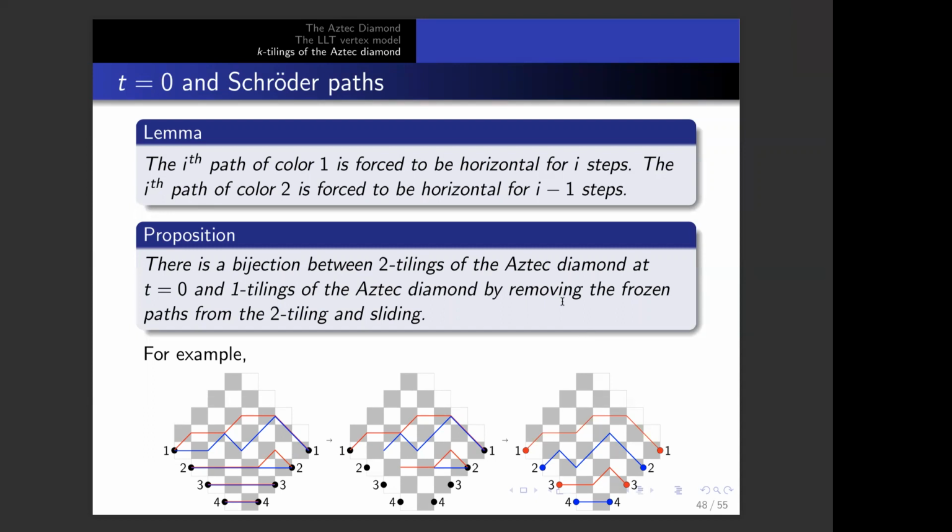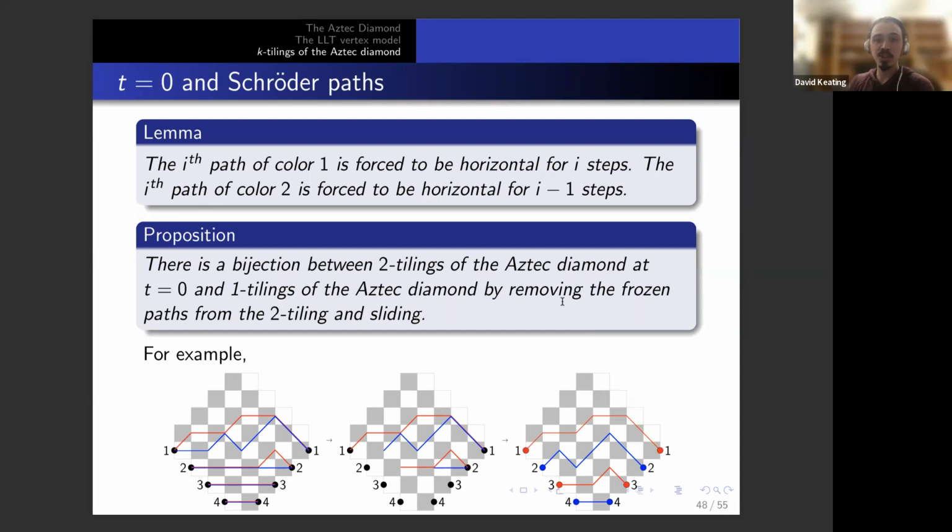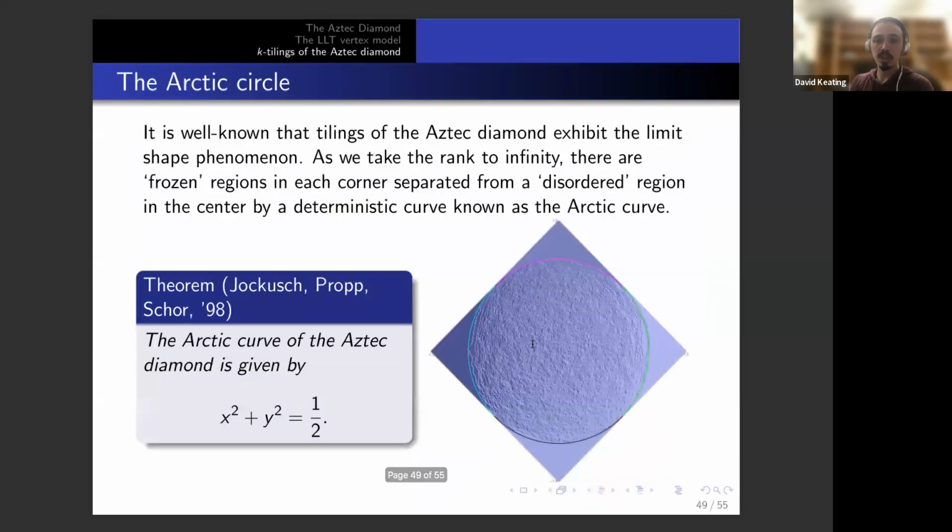All right, so now we're going to use this to compute the Arctic curve for the k tilings when t goes to 0. So just a brief description of the Arctic curve. It's known that as we take the rank of the Aztec diamond to infinity, we'll end up with frozen regions of dominoes in the corners and a disordered region in the center, separated by a deterministic curve known as the Arctic curve.